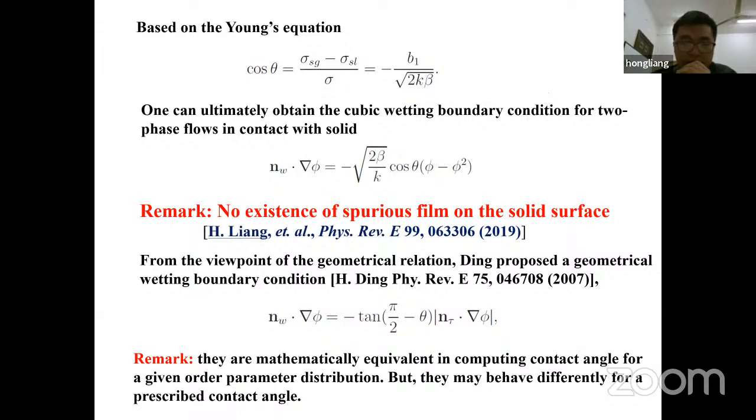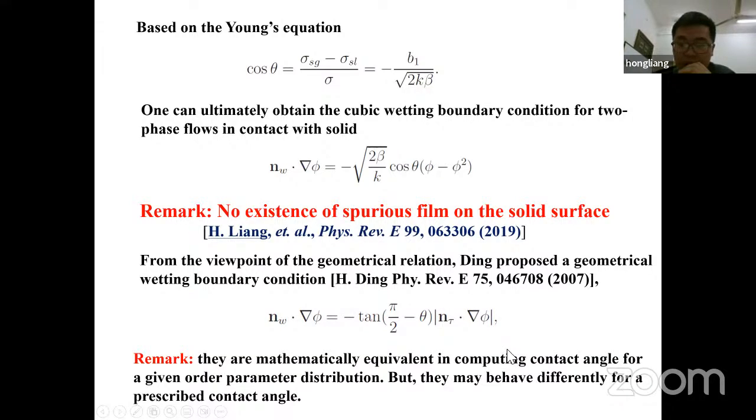And then one can ultimately obtain the cubic wetting boundary equation for the two phases in contact with solids. The merit is that in this wetting boundary equation there is no existence of spread films on a solid surface.